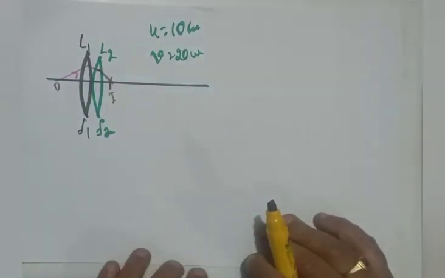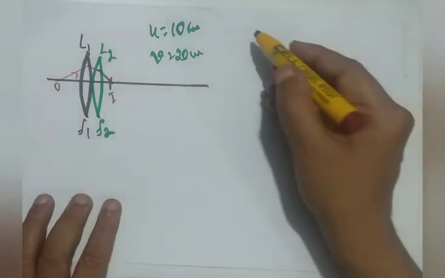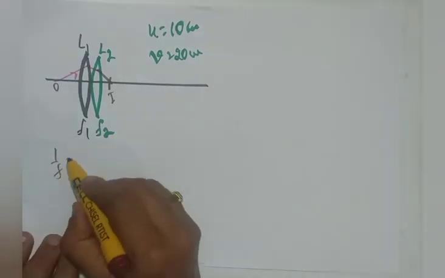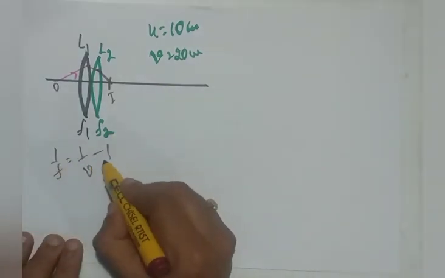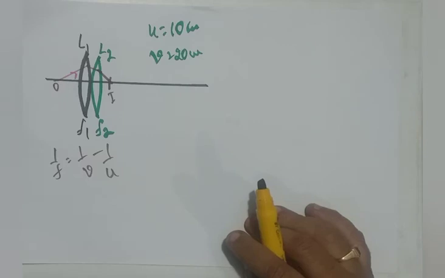Now to derive the expression for equivalent focal length, I use the lens formula, 1 by f equals 1 by v minus 1 by u, which we have just now derived. For this, I consider L1 first and then L2, just like what we did in the case of the lens maker's formula.